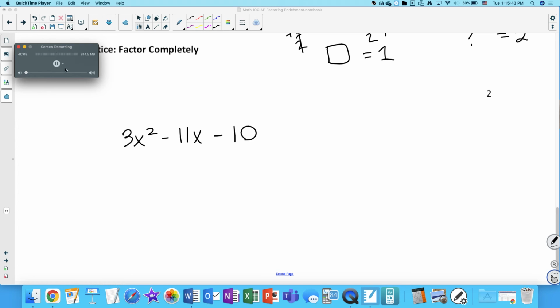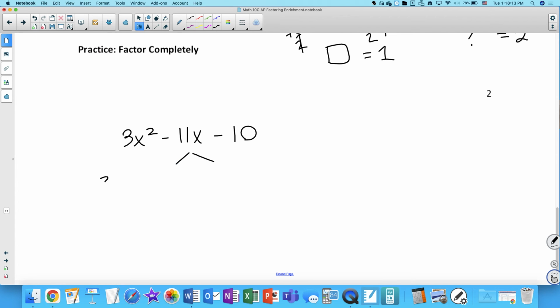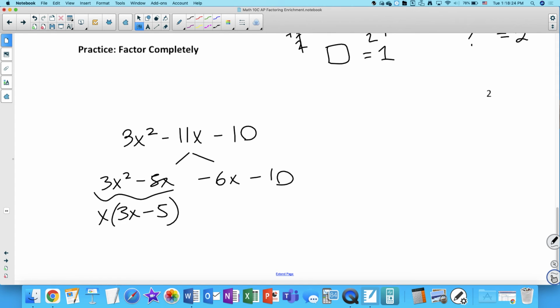Okay. So just to review decomposition, you can break this up: 3x squared minus 5x minus 6x minus 10. Factor this, you get x times 3x minus 5. And then here there's a GCF of 2, so minus 2 times 3x.